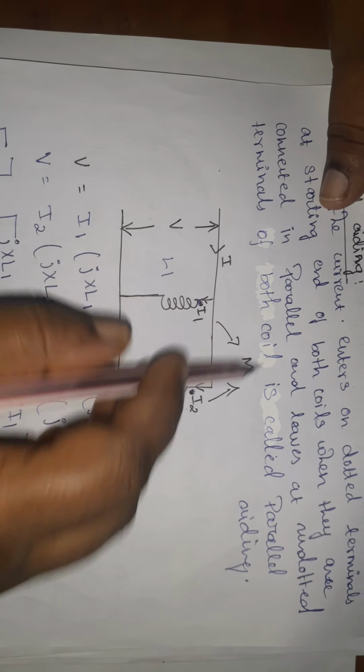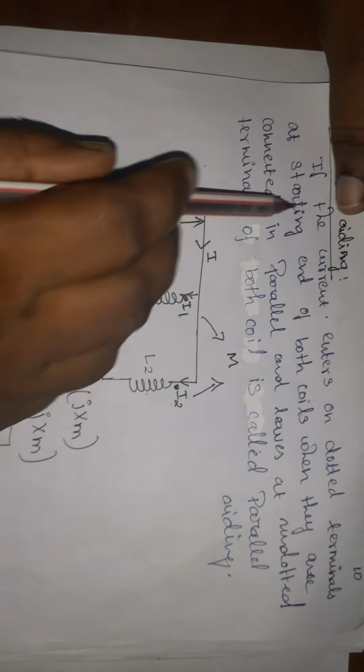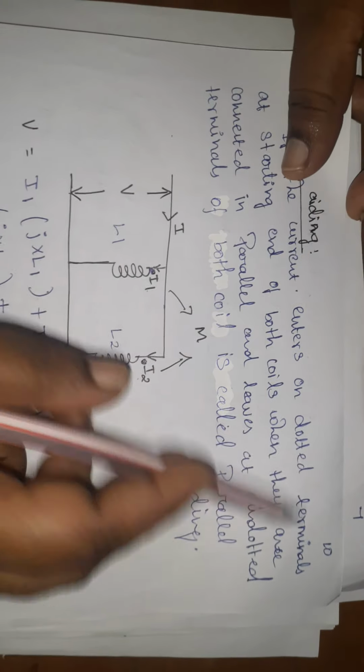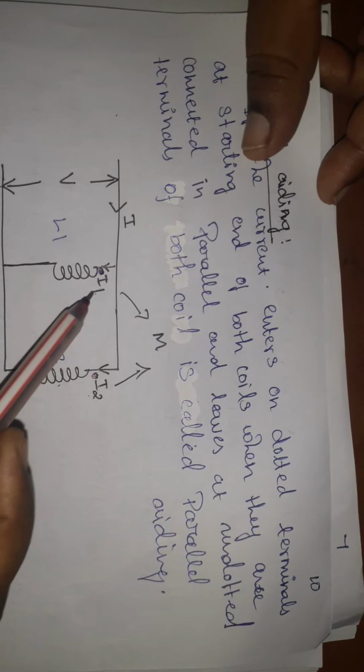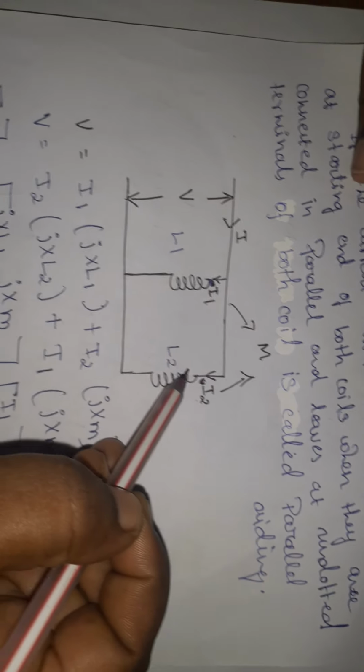So this is called parallel aiding: when the coils are connected in parallel, the current enters the dotted terminals of both coils and leaves at the undotted terminals.